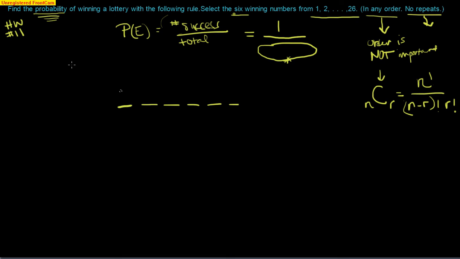We know that we are going to choose 6 numbers, and we have 26 numbers to choose from for that first number. After we've chosen that first number, we have only 25 choices left. After we've chosen the second number, we have 24 choices left, and so on all down the line until we get to 21, and then we stop.